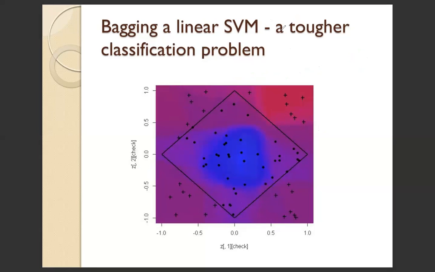So you see that individual classifiers or learners that are not doing well always make a lot of mistakes. If you collect enough of them and use bagging to generate enough of them, they can actually do quite well. So this is the magic of bagging.